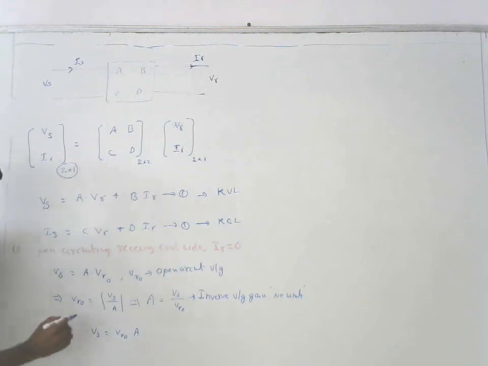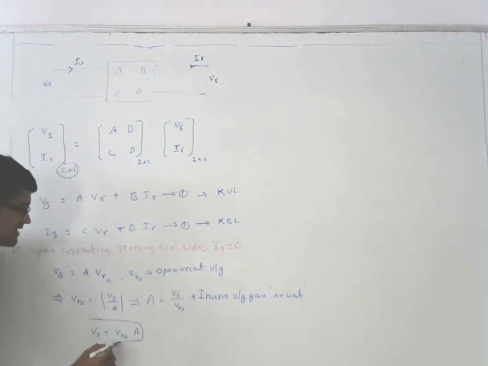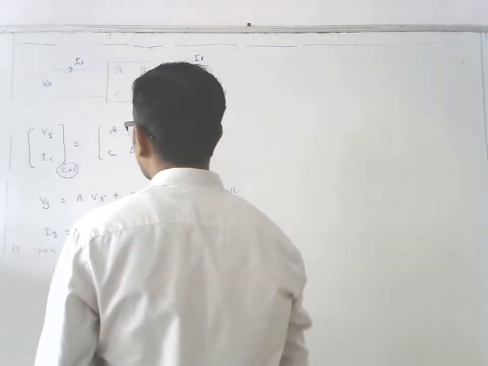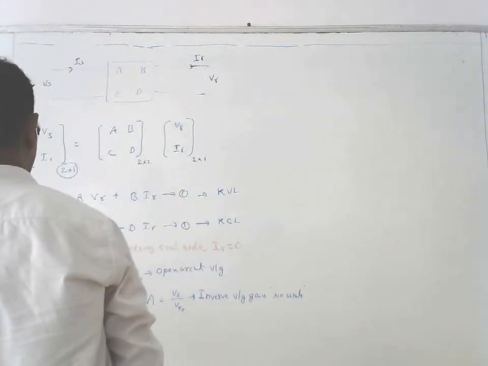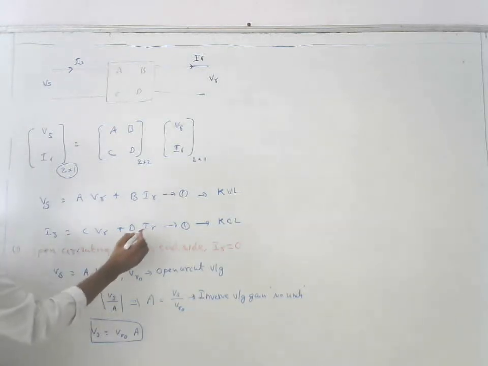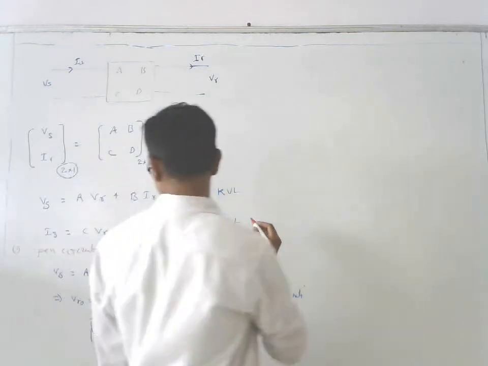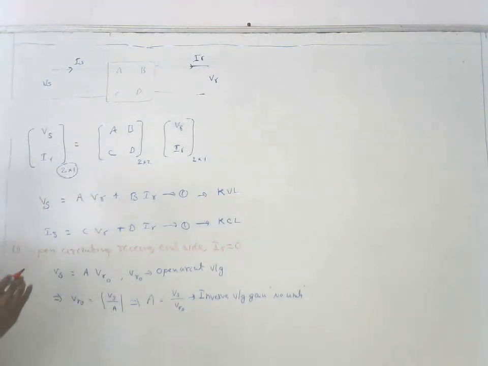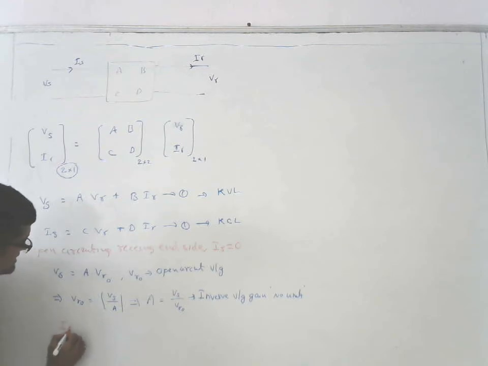Now the second equation. If I open circuit, IR, the current, becomes 0, and I can define Is as Is is equal to C into VR. The circuit is open, so how can we define Is?